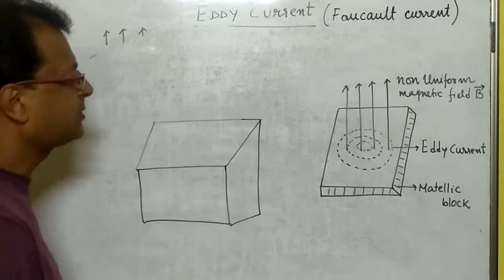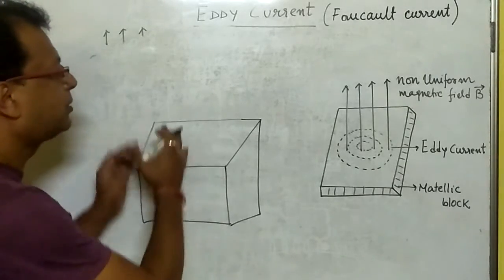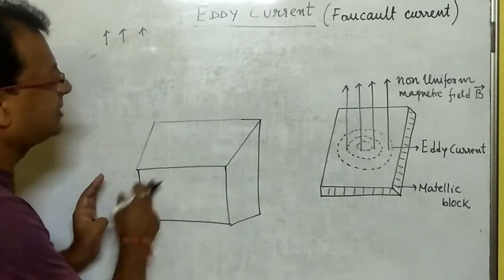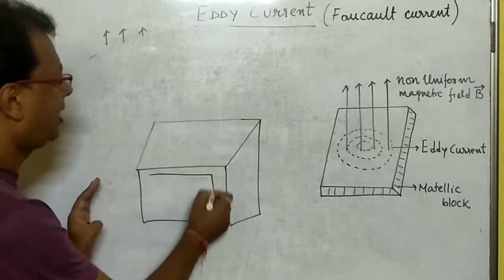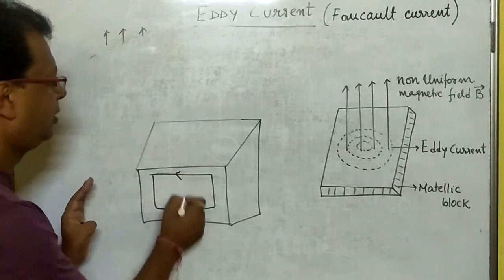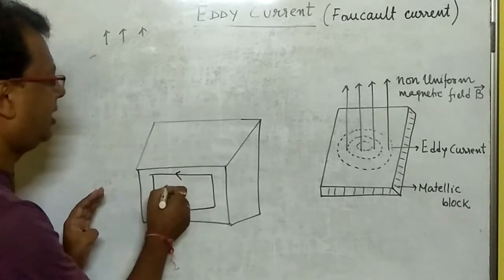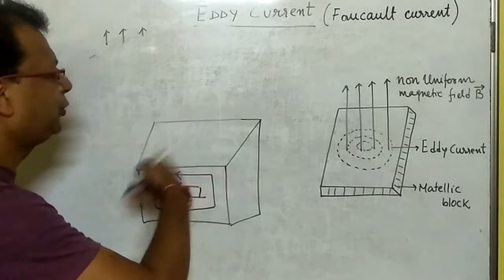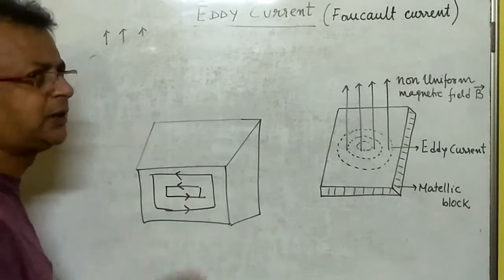Whenever I discuss the transformer, we will discuss it in detail. Suppose you have a metallic piece, and if there is a change in magnetic flux, a large eddy current will move around it.